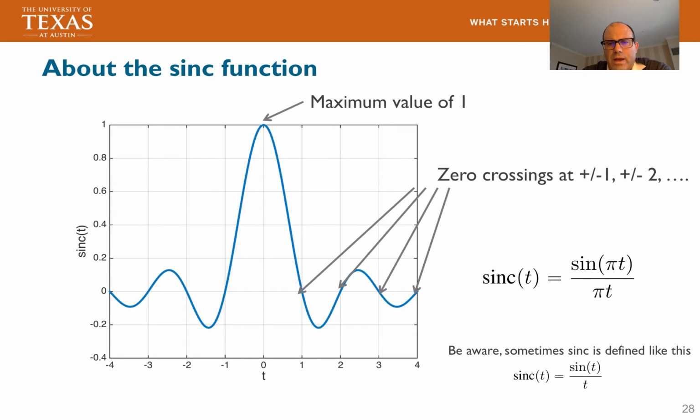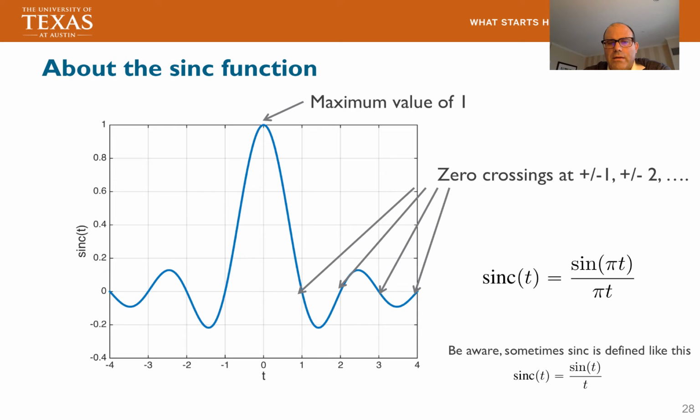Now I want to say a little bit about this sinc function here. The way we define it in class, the sinc is sine of pi t over pi t. This is a plot of the sinc here. Its maximum value occurs at t equals 0, which is 1. And it has zero crossings at plus minus 1, plus minus 2, etc. Note that all the zeros are at integers: 1, minus 2, minus 3. And this makes sense because at t equals 1, you have the sine of pi over pi.